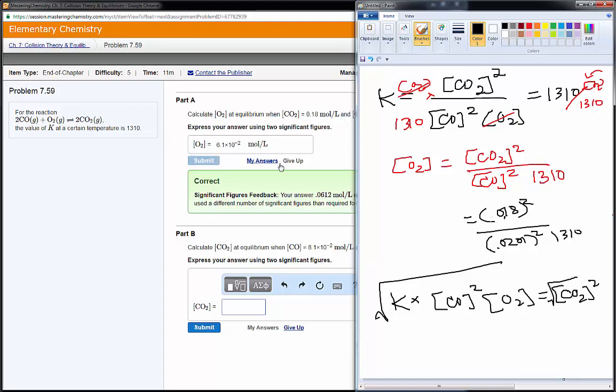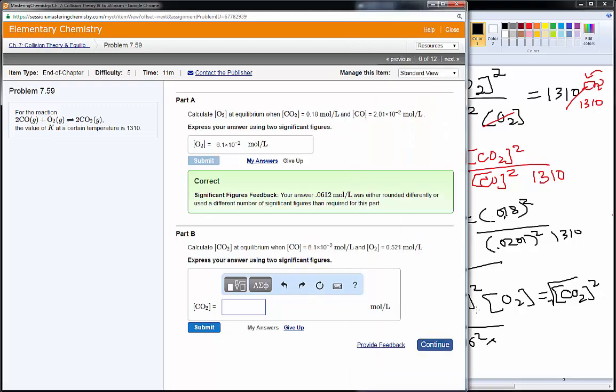Okay. What do I plug in? 8.1 times 10 to the minus 2. So we get the square root of 1310 times 8.1 times 10 to the minus 2 times 0.0521.